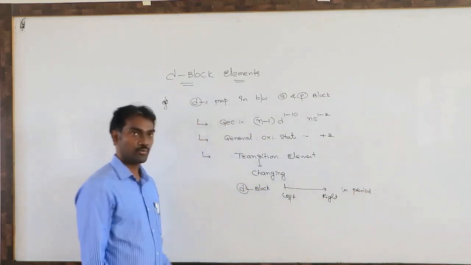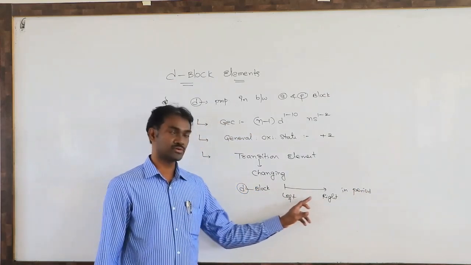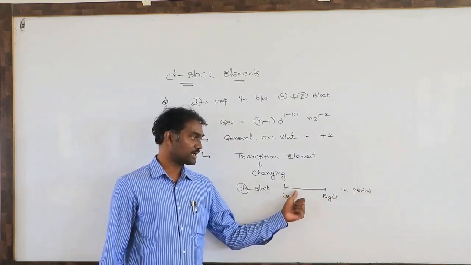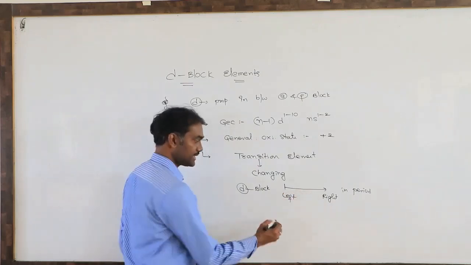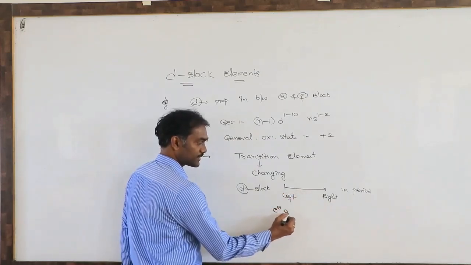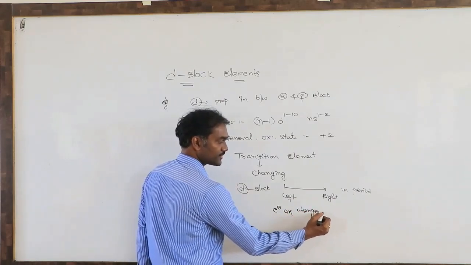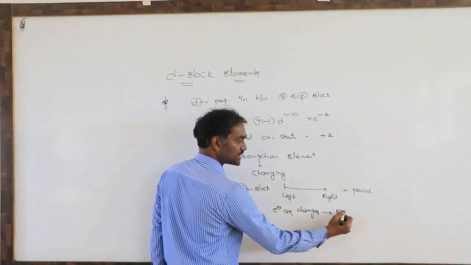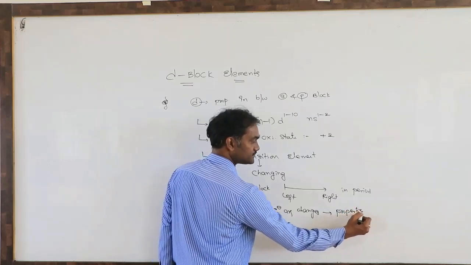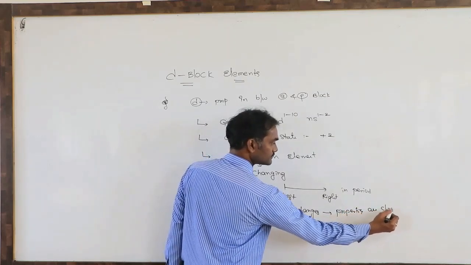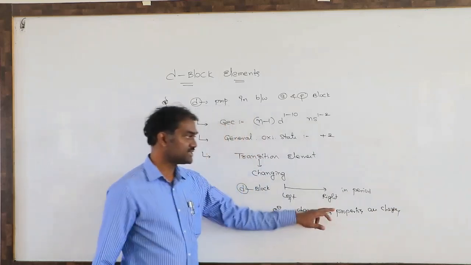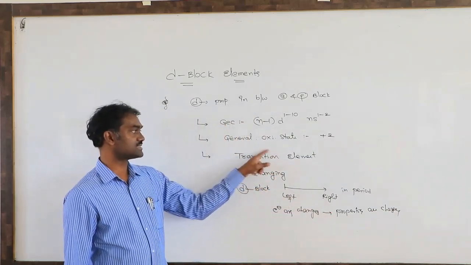So what happens if you are moving left to right? Electrons increase, electrons change. Electrons change means properties also change. So that changing word we call as transition.